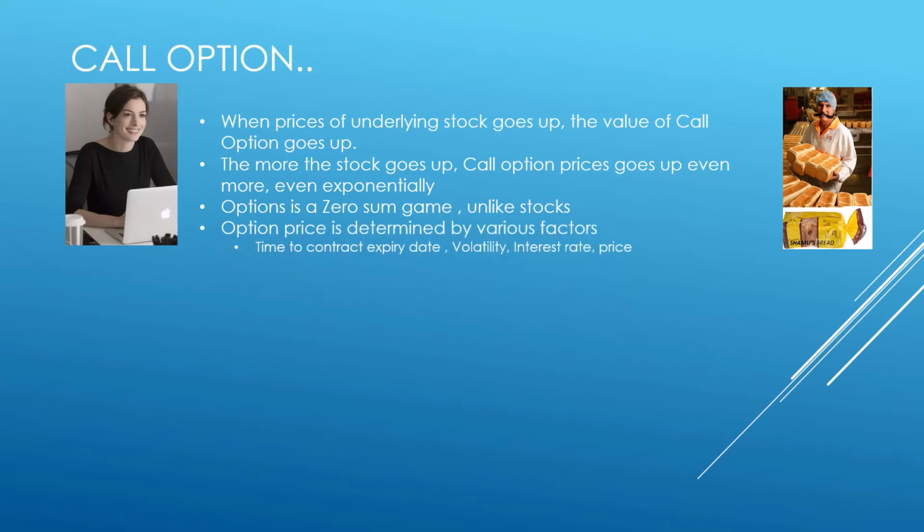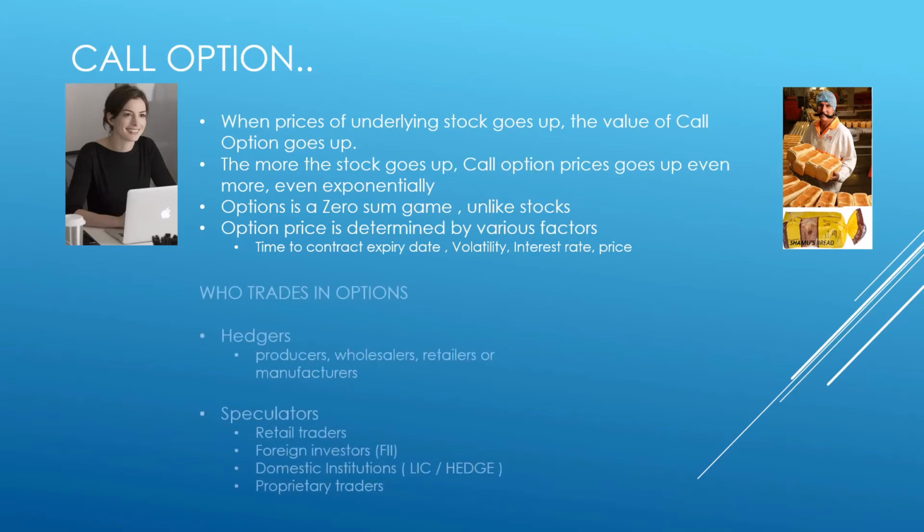Option price at any given point of time is determined by various factors: time remaining for the contract to expire, volatility, interest rate prevailing, and the strike price for which the call option is selected. Now, who are the players who trade in options? Mainly, there are two categories: hedgers and speculators. Who are hedgers?